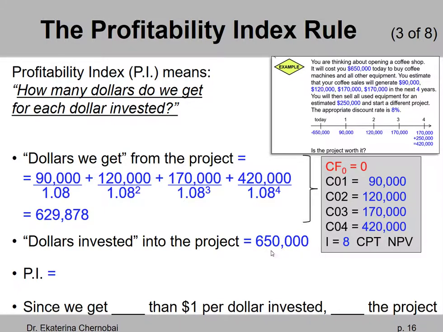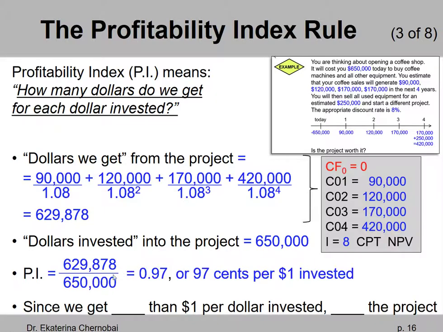To find the profitability index, instead of subtracting $650,000 initial investment, we are going to divide by it. So $629,878 divided by $650,000 gives 0.97. How should 0.97 be interpreted?